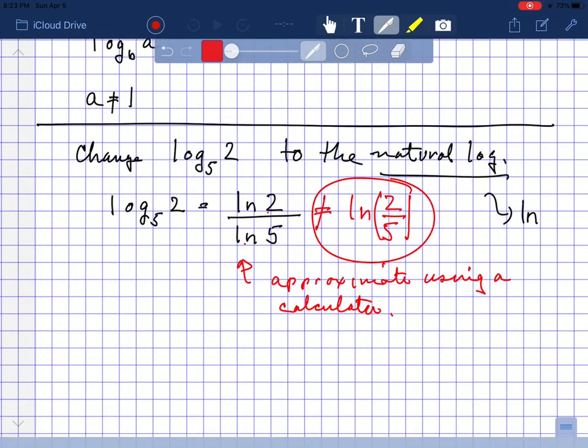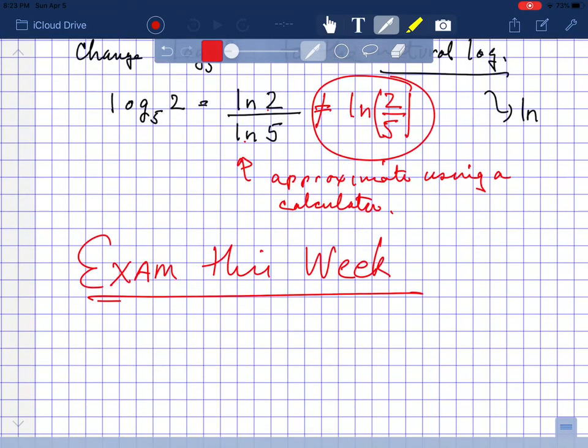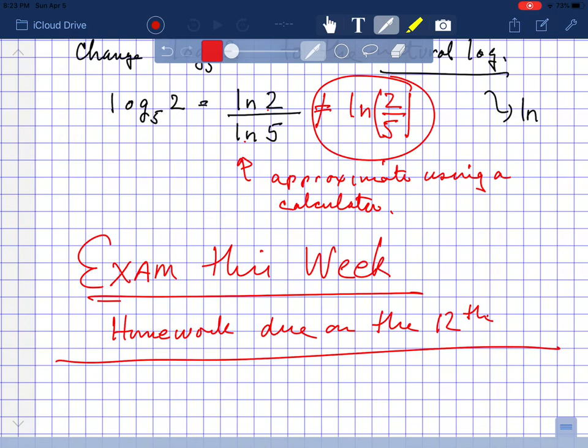All right, let's leave it there. And what do you have? You have an exam coming up this week, and you have homework. And I think that homework is due on the 12th. All right.